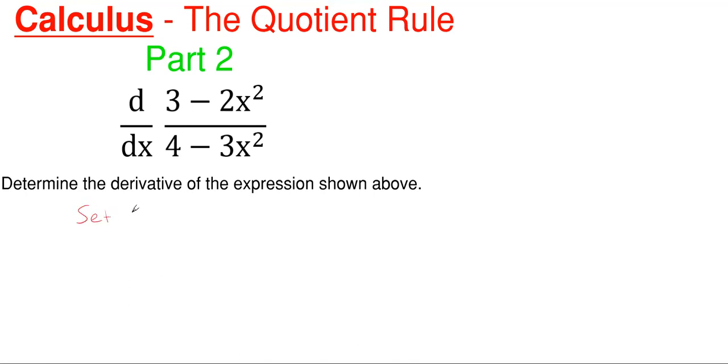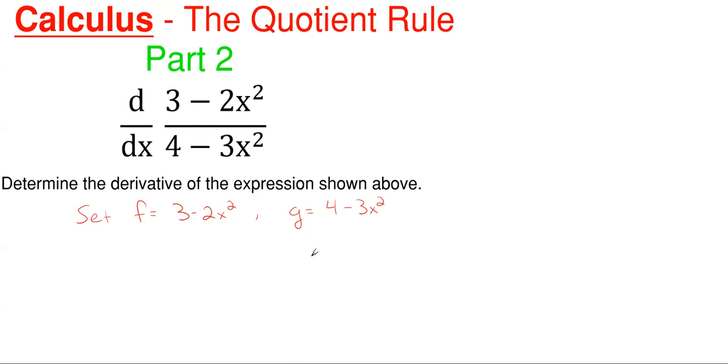So let's go ahead and set an f variable equal to everything in the numerator, which would be 3 minus 2x. And let's also set a g variable equal to everything in the denominator, which would be 4 minus 3x squared.